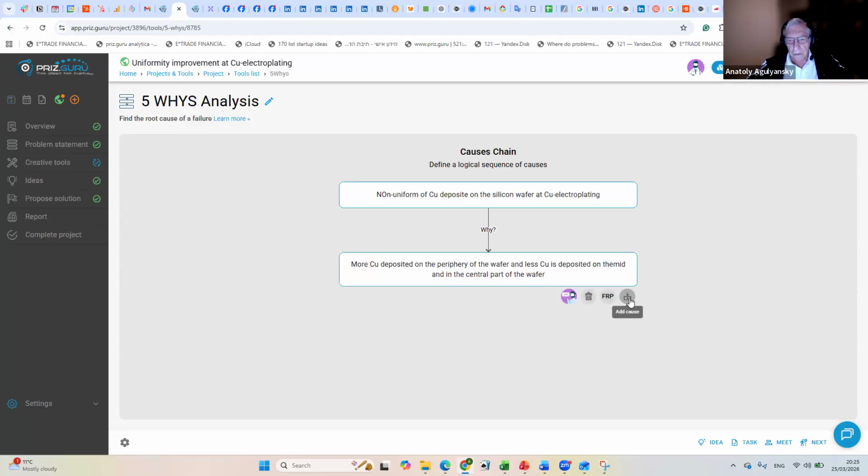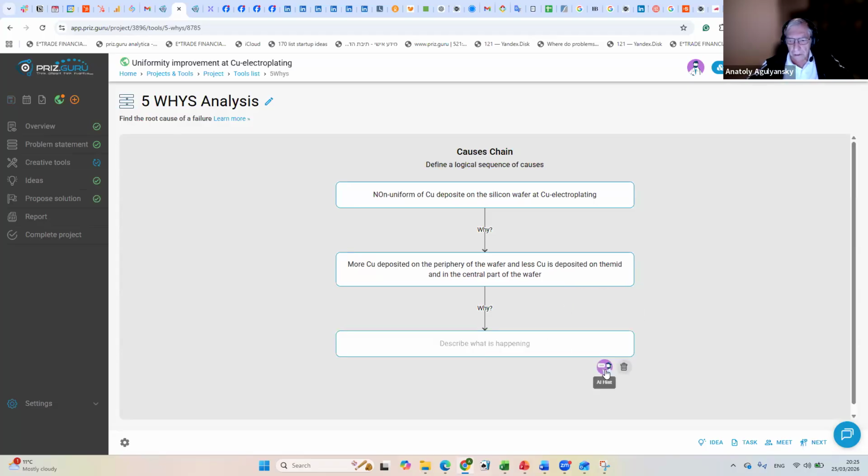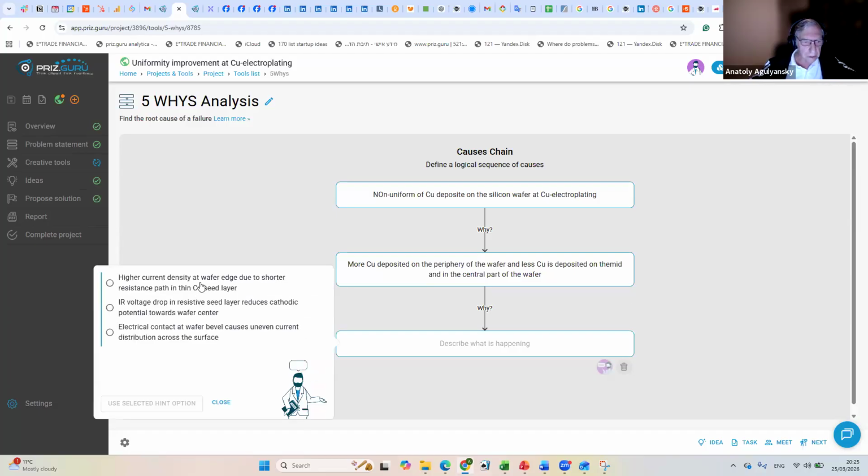Okay. Let's have a look at what it will say. High current density. Yeah, sure. IR voltage drop in the resistive seed layer. Yeah.